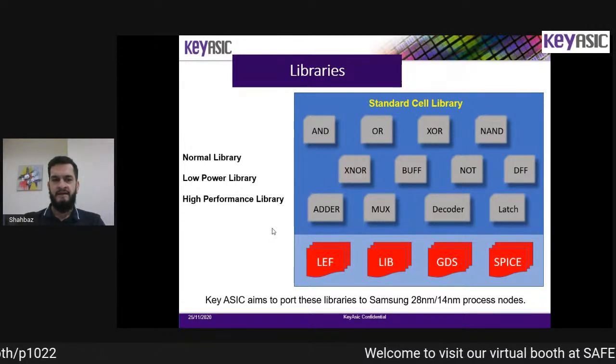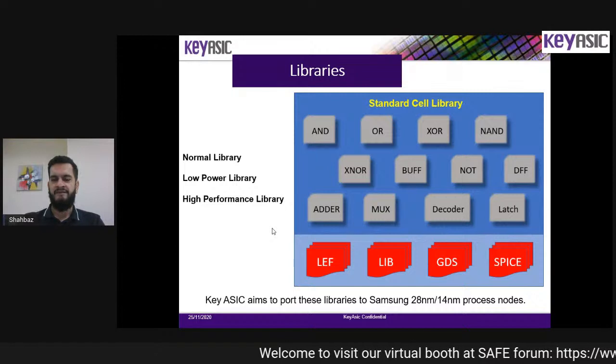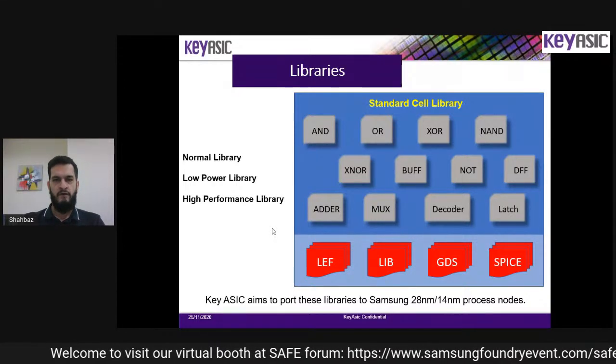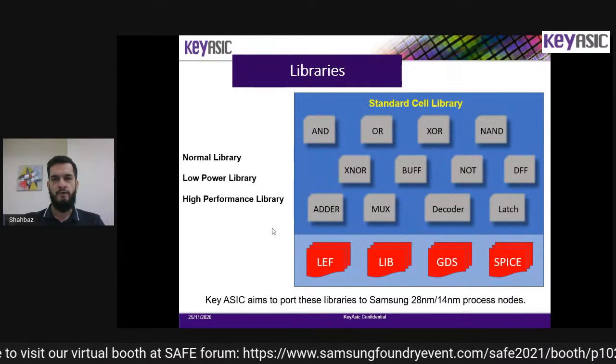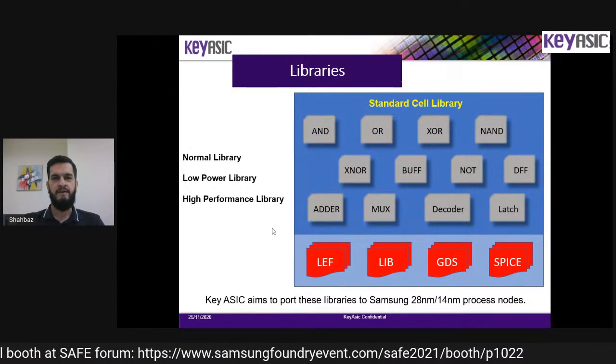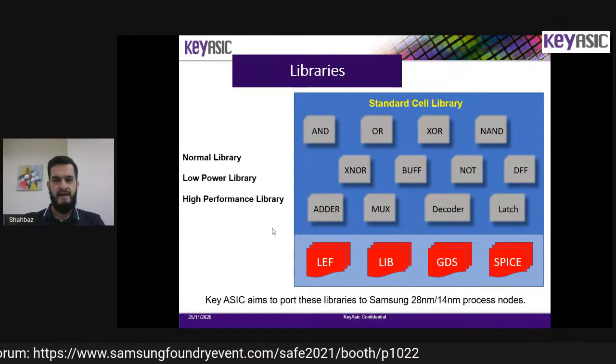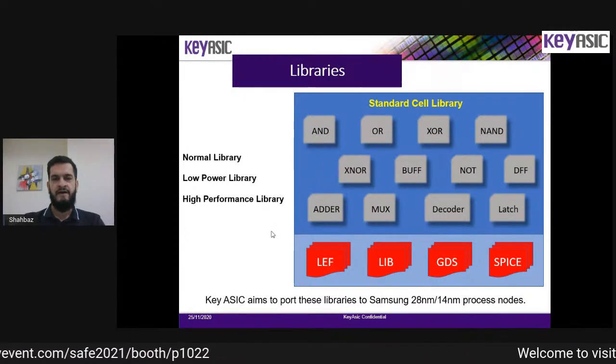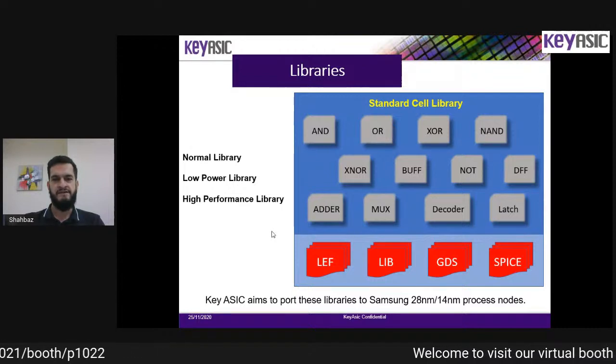And then another set of library is the high performance library, which offers a much higher speed for applications which don't compromise in speed. For example, gadgets, tablets, smartphones. So this library fits well for those applications.